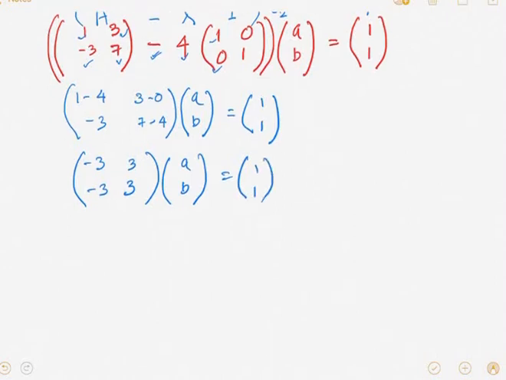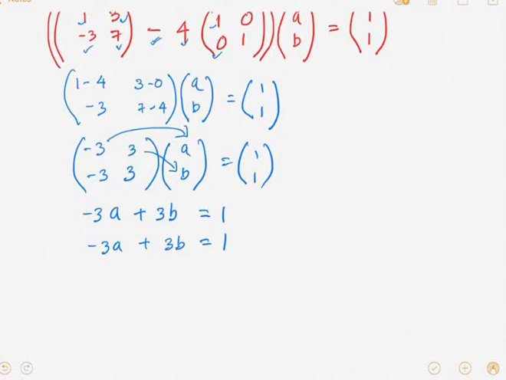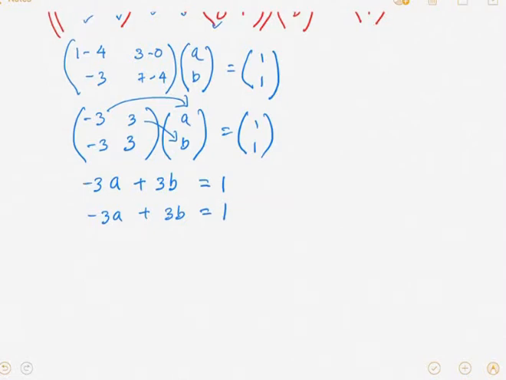Okay, so you have generated two equations: negative 3a plus 3b equal to 1, and again negative 3a plus 3b equal to 1. Then you let a equal to s.